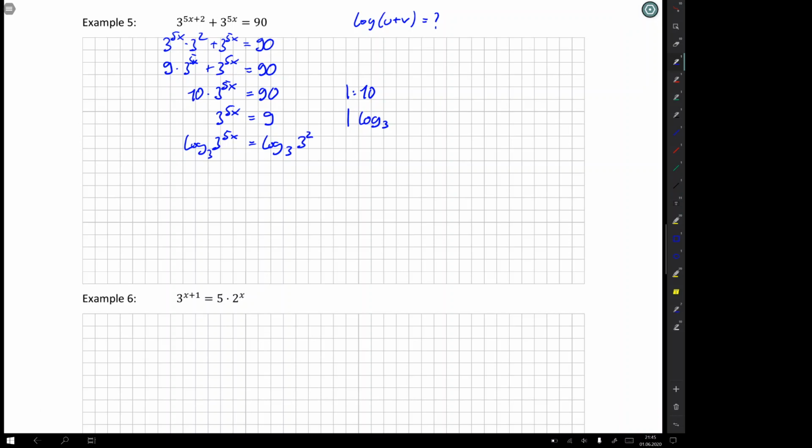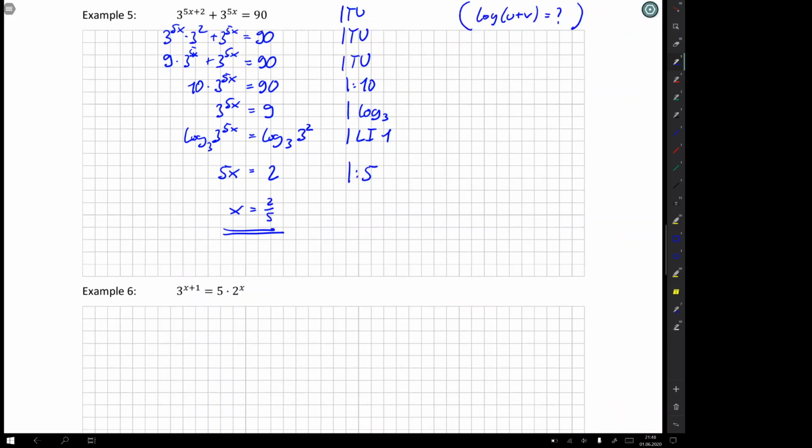Oh no, sorry, now I make it unnecessarily complicated, my mistake, sorry. What I wanted to say makes more sense is actually to say, obviously, here using the logarithmic identity, I get 5x, and on the right hand side I get 2. So I'm just using this logarithmic identity 1, and divided by 5 I get x equals 2/5.